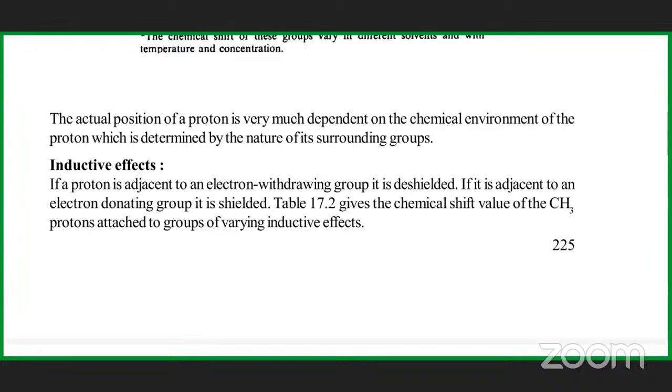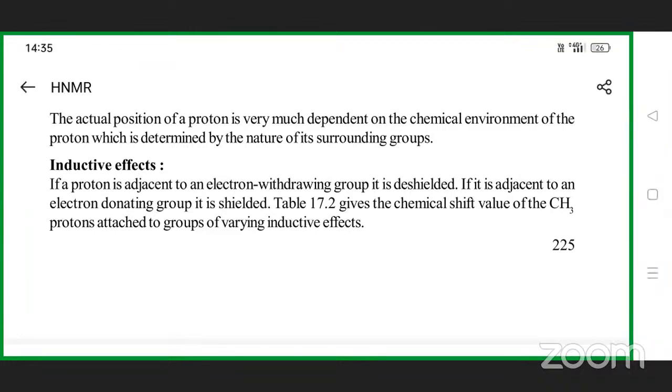So the migration of sigma bond electrons towards the more electronegative atom is called the inductive effect. Here, if a proton is adjacent to an electron-withdrawing group, it is de-shielded. De-shielded means more delta value.